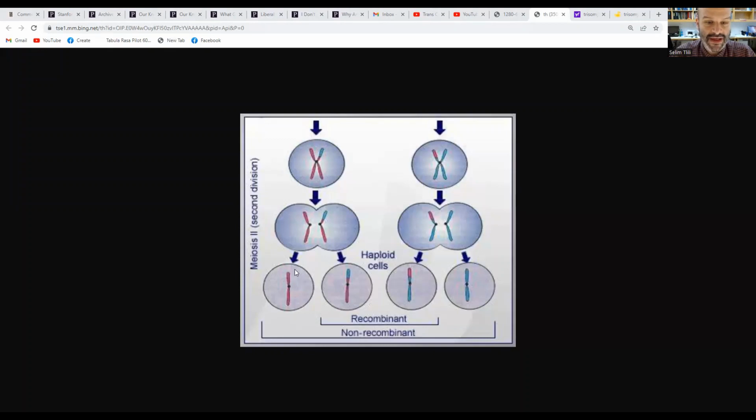So in a man, every single sperm that he produces will have 23 chromosomes. In a woman, every single egg she produces will have 23 chromosomes.